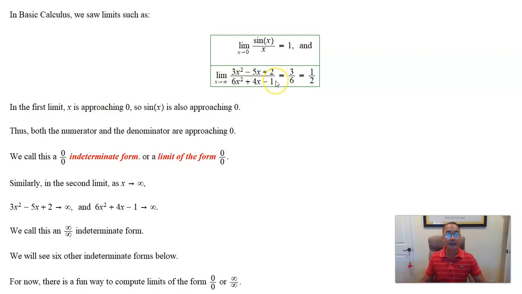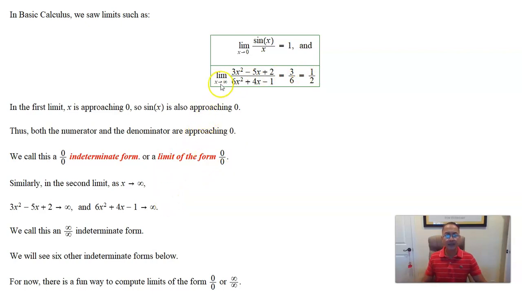You can multiply and divide by 1 over x squared. So you'll get 3 minus 5 over x plus 2 over x squared, and 6 plus 4 over x minus 1 over x squared. The two terms which have a 1 over x or 1 over x squared both go to 0 as x gets bigger and bigger. So the limit is simply 3 over 6 or 1/2.